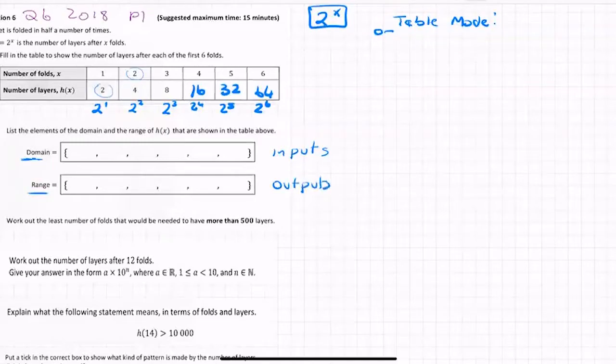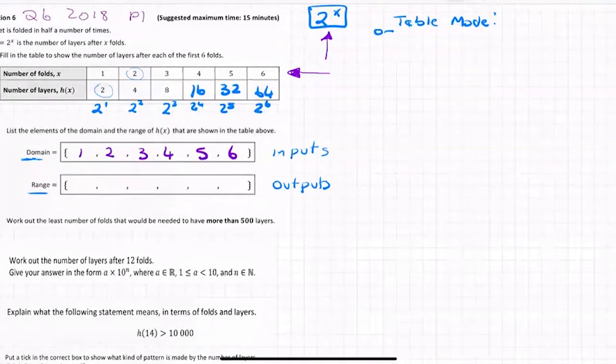So if this is your function, 2 to the power of x, what are we feeding into the function? Well, we feed in our x values. Isn't x the value that changes in all of these? So our inputs are 1, 2, 3, 4, 5, and 6. Squiggly brackets around them, commas between them, and in numerical order.